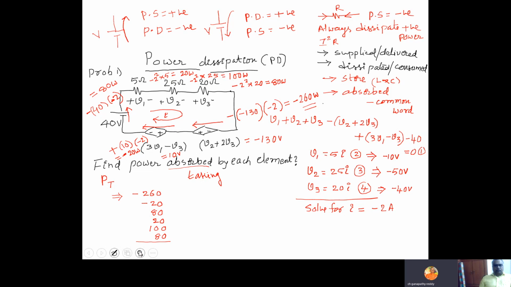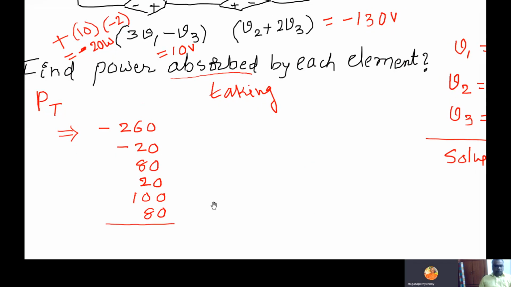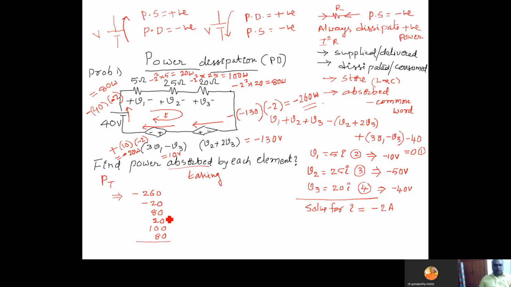So if you do the total, you get 0. Total answer is 0. It's the cross verification. You just add, you will get 0. So this is how the problem can be solved.